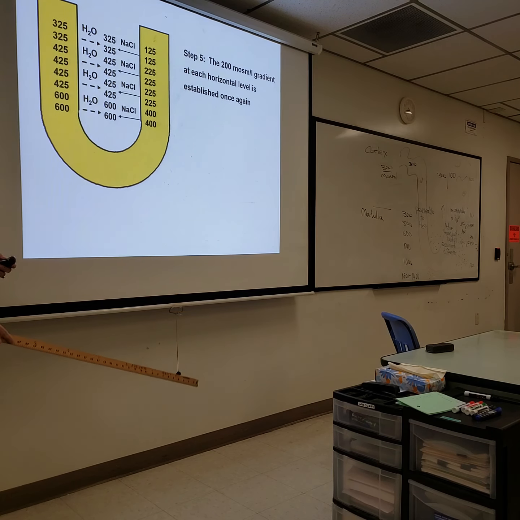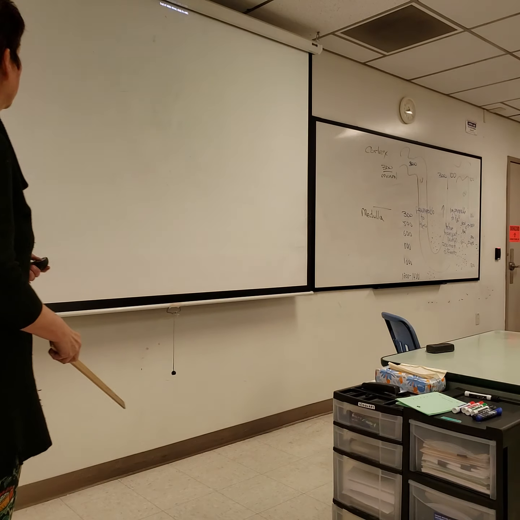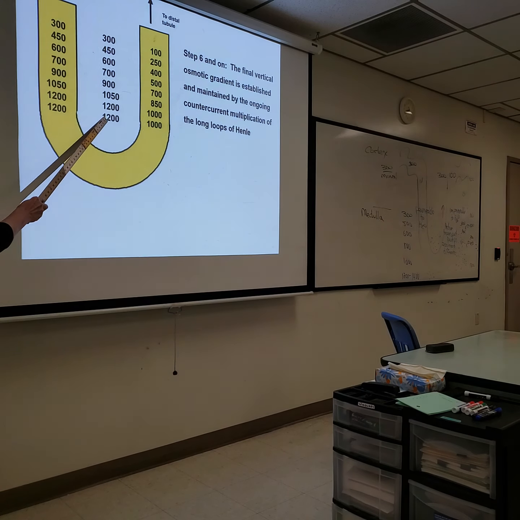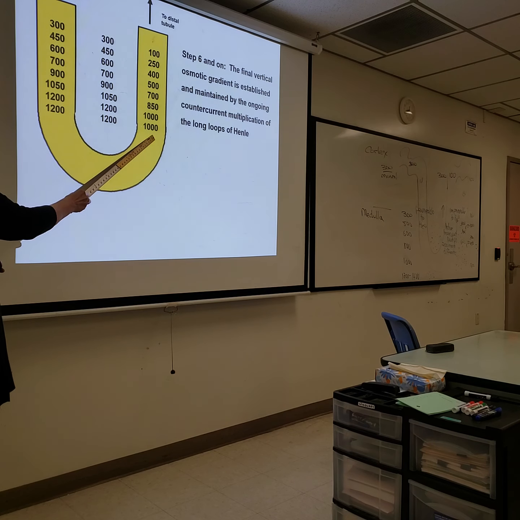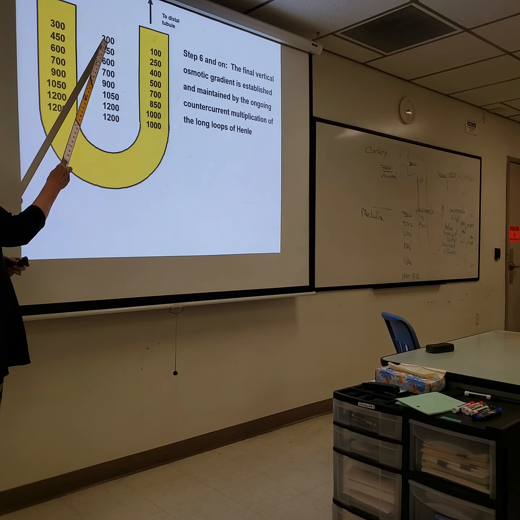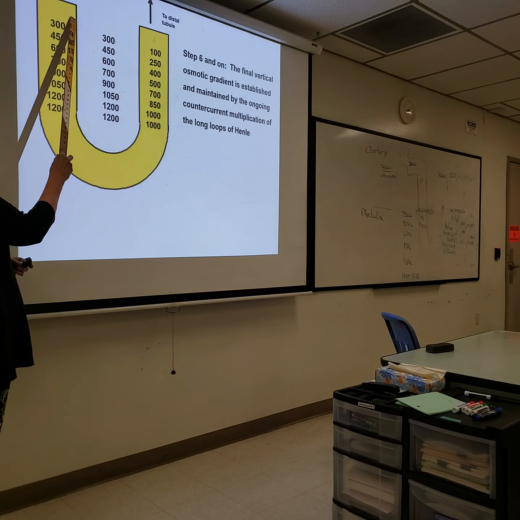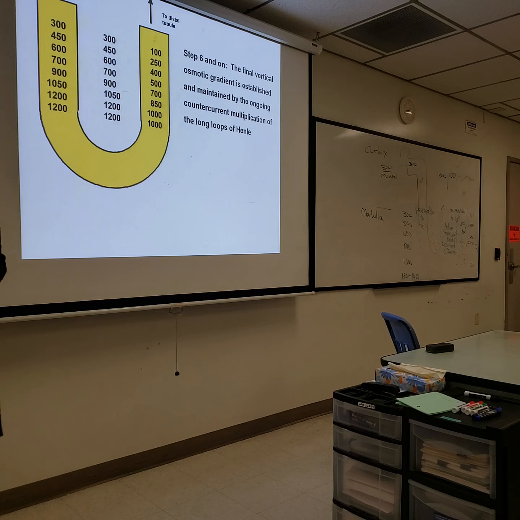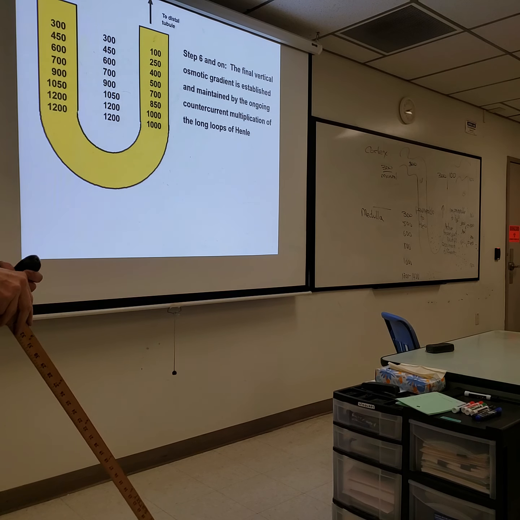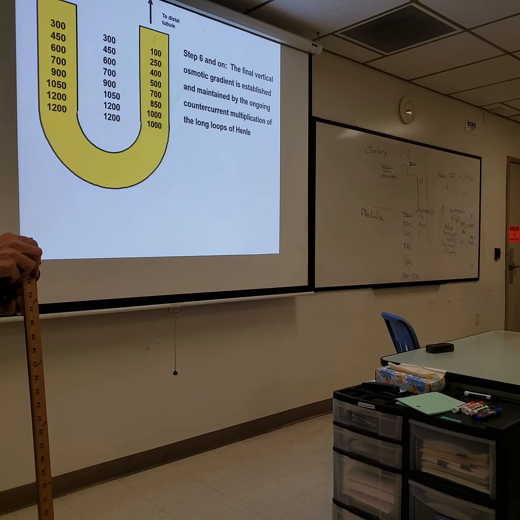Okay? All right, so if we finish that, then we get to 1200, which is 200 milliosmoles less than this, 1000, which is 200 milliosmoles less, and now the maximum we can do is 1200 to 1400. Kangaroo rats can get up to about 4,000. Guess what?